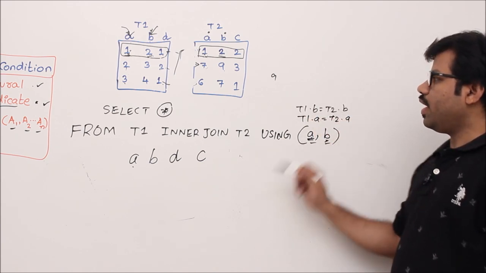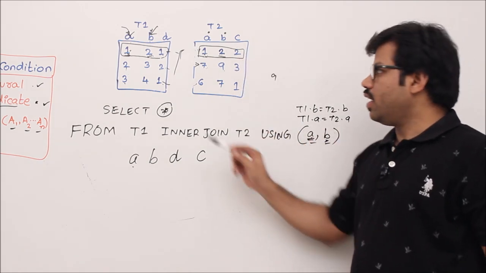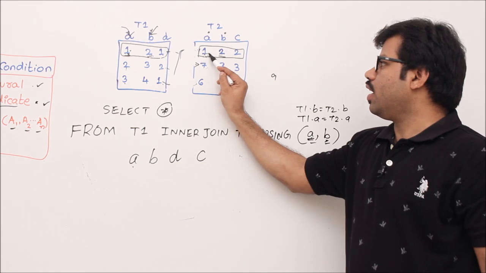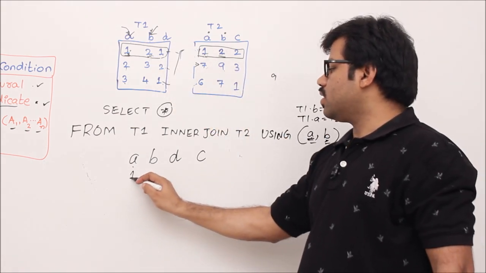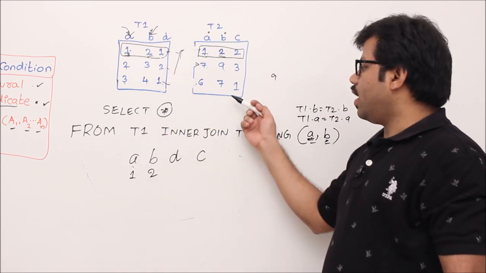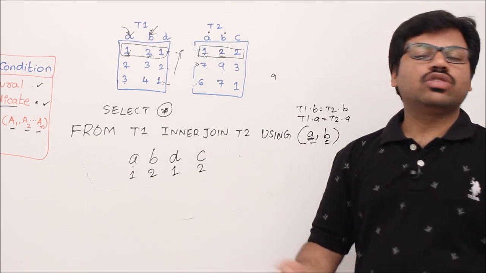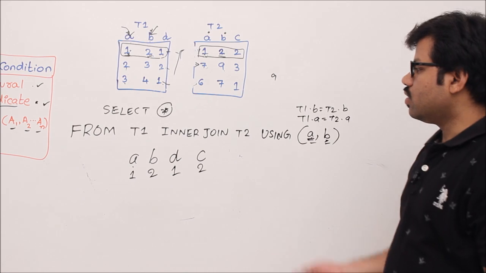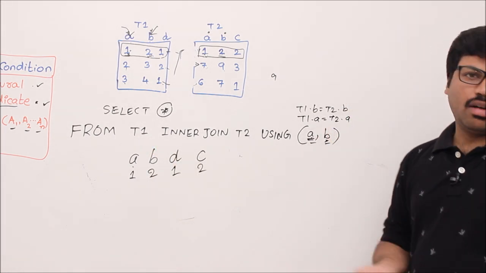I want a combination out of 9 where both match. So only one tuple will match, that is 1, 2. The AB values are 1, 2, the D value is 1, and the C value is 2, of course. So 1, 2 comma 1, 2 will be printed. So this is about T1 inner join T2 using A comma B.